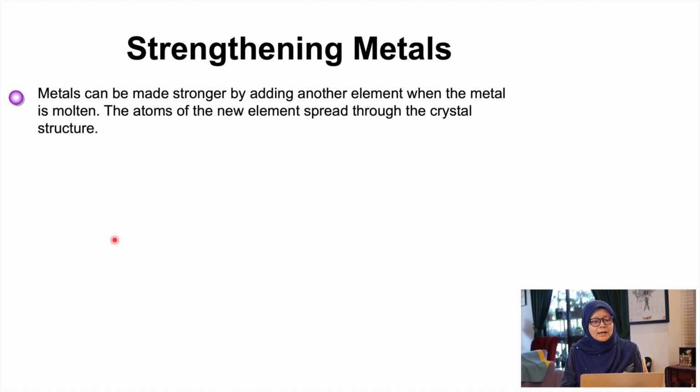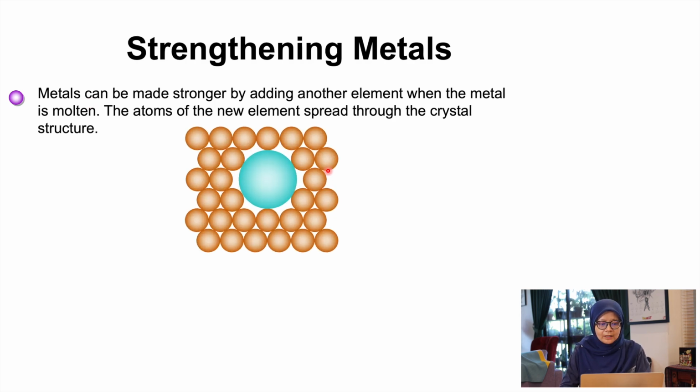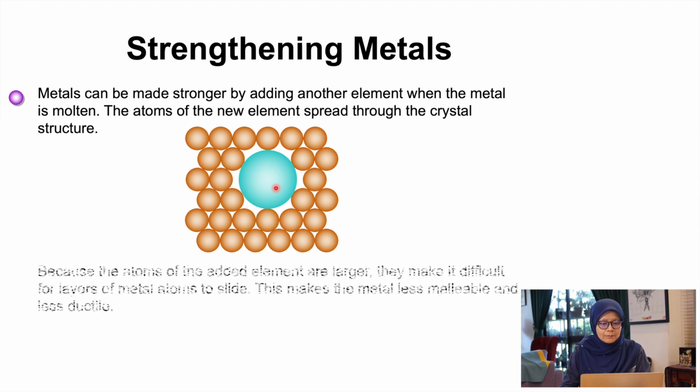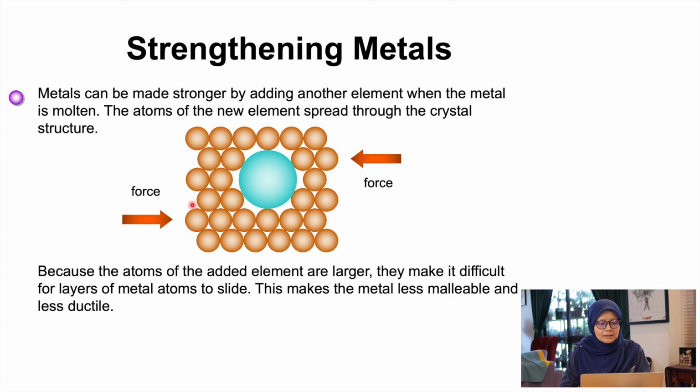How do we strengthen metals? Metals can be made stronger by adding another element. When the metal is molten, the atoms of the new element spread through the crystal structure. In this diagram, look at this blue atom, and we put force at the right and left sides.